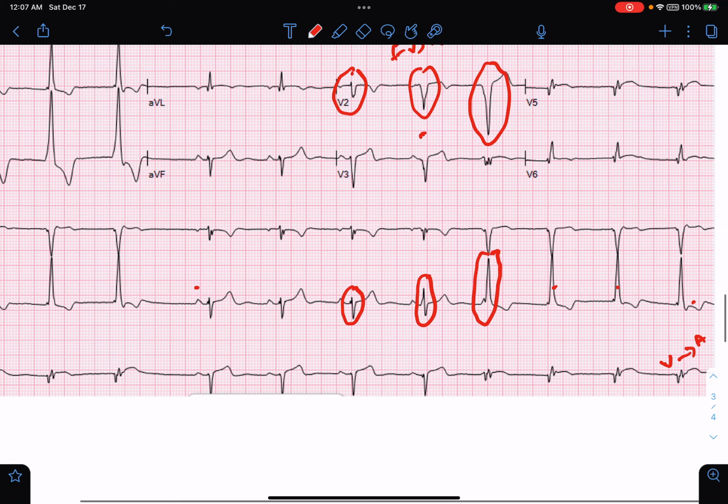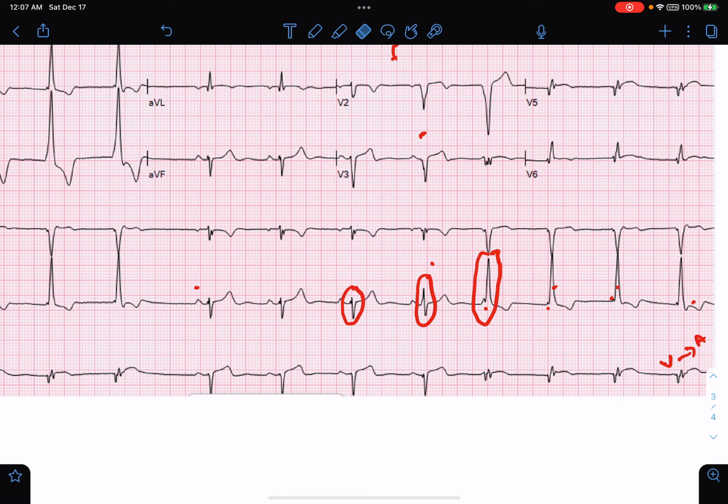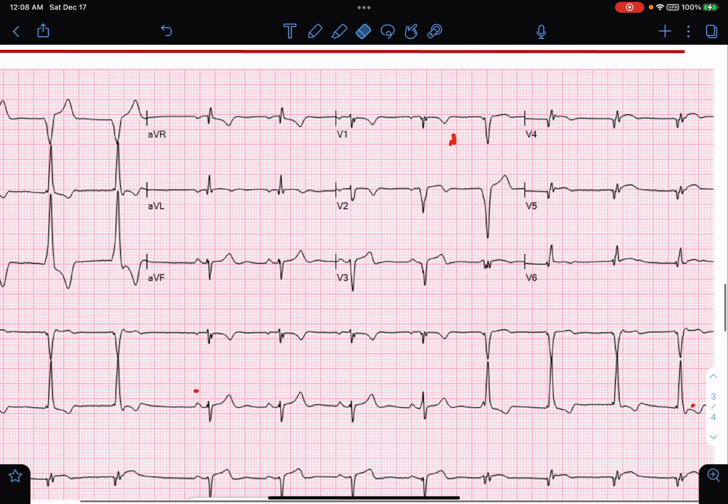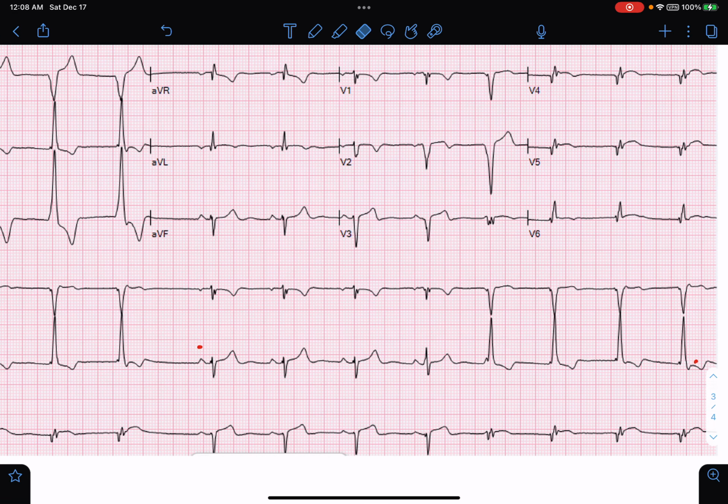Okay, so far we've seen fusion, we've seen AV dissociation, and we've seen VA capture. The other part of the question asks about ventricular escape, and what we see here is accelerated ventricular rhythm, which is these beats here, actually started here.